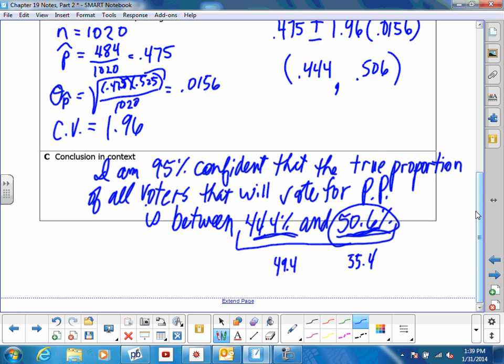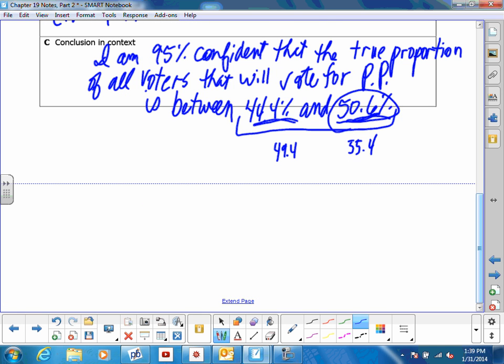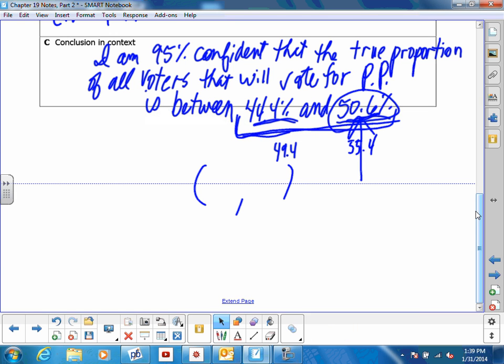What if we had an interval that was completely contained below 50%? Then yes, you say, I'm 95% confident that he is going to lose this election because it's all below 50%. But if it is not completely contained below the mark, this is a possibility just as much as anything below here is. So that's the one little counterintuitive thing.